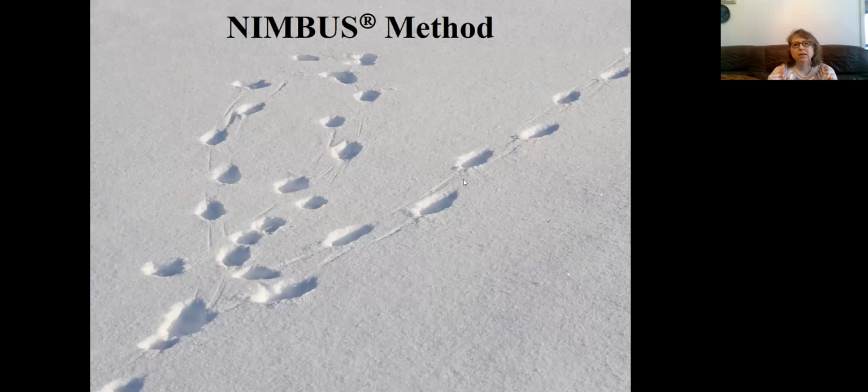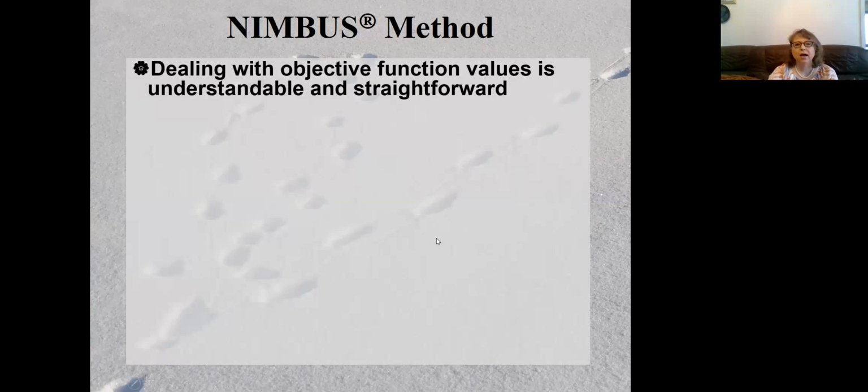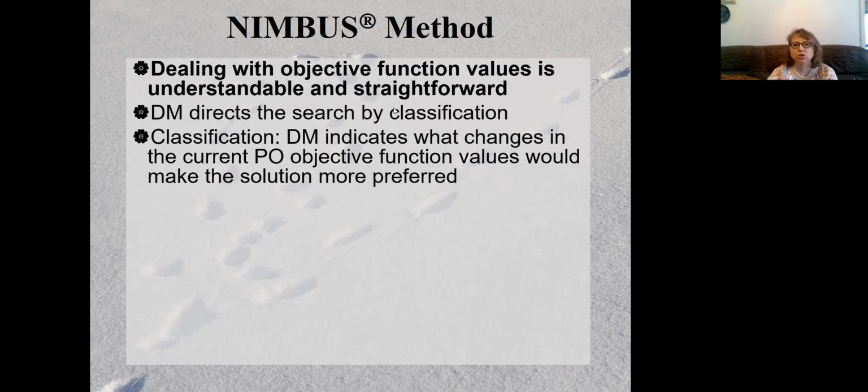Then NIMBUS is a method that has been developed in our group, and the idea there is that dealing with the objective function values is understandable to the decision maker because objective functions should have a meaning, compared to, for example, the weighting coefficients that I mentioned earlier that don't have a direct connection to the function values. So in NIMBUS, the decision maker provides preference information in terms of classification.